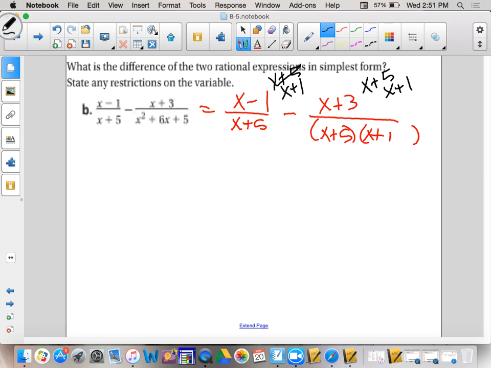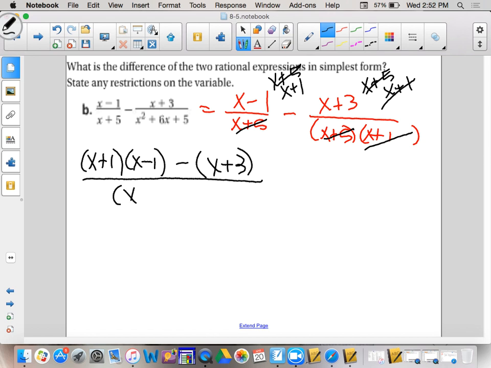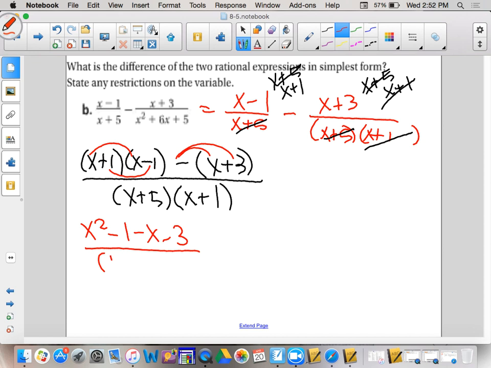Okay, so I've got that cancels out, and I'm left with x plus 1, x minus 1. I've got that cancels out, and I'm left with minus x plus 3, and I'm going to put it all over x plus 5, x plus 1. So I've broken it completely down. Now I need to put it back together. So x squared plus 1 minus 1 cancels out. Minus 1, minus x, minus 3 over x plus 5, x plus 1.